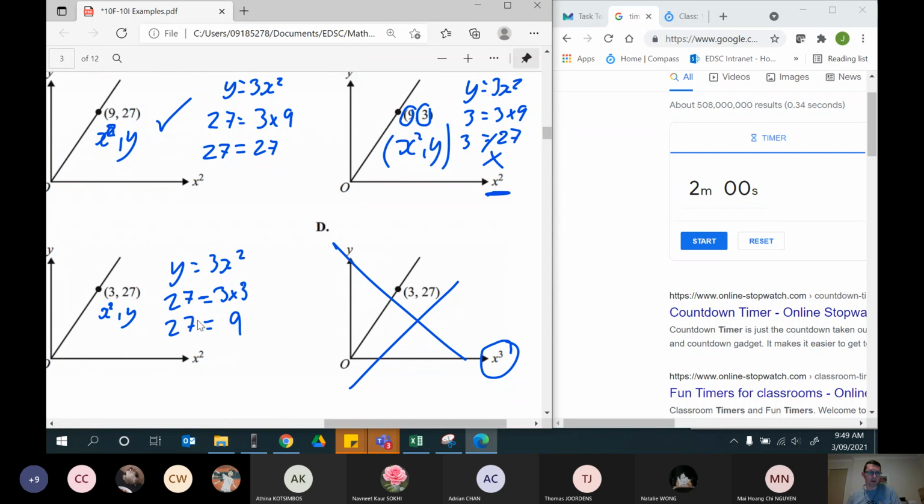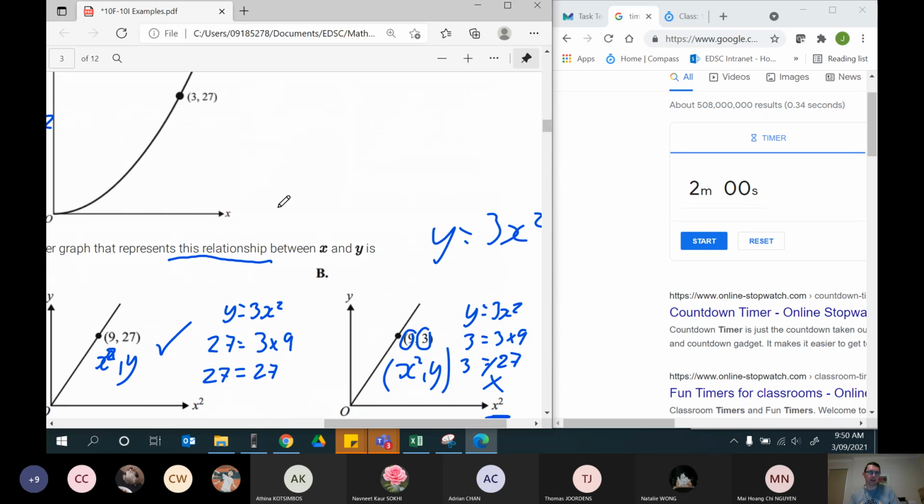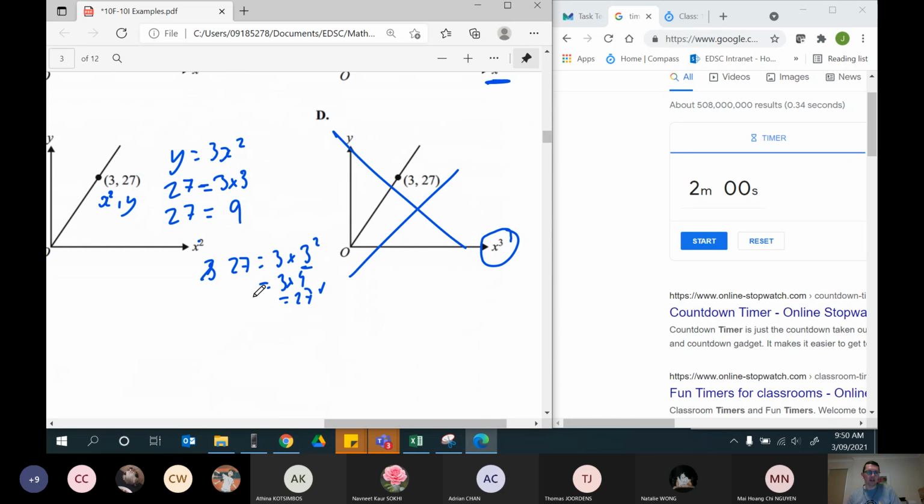Okay, a lot of people will typically choose this because they go, oh, 27 needs to equal 3 times 3 squared, which equals 3 times 9, which equals 27. And I think that's correct, but it's actually not, because what you've done here is you substitute an x. Now, if this was just x, the graph would look like this up here. So it's actually not that.